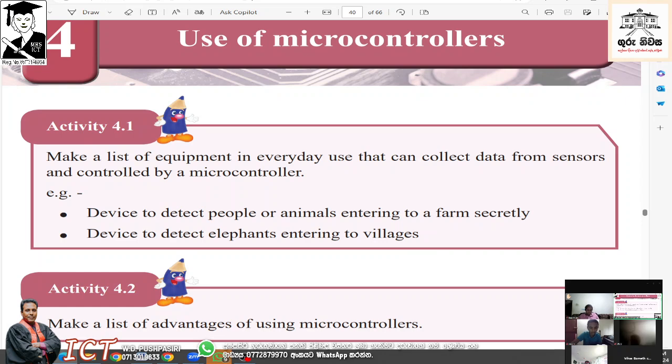Finish or not yet? Sir, what did you tell us to do? I asked you to do this activity. Which one, sir? 4.1 and 4.2.